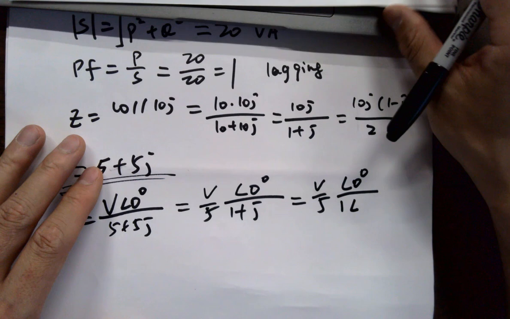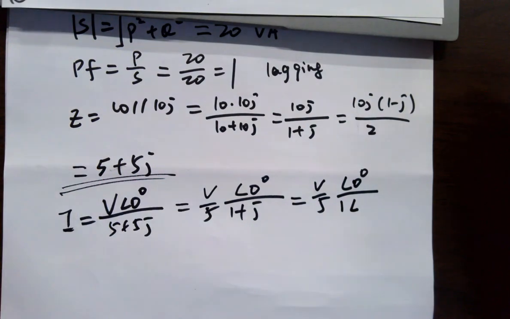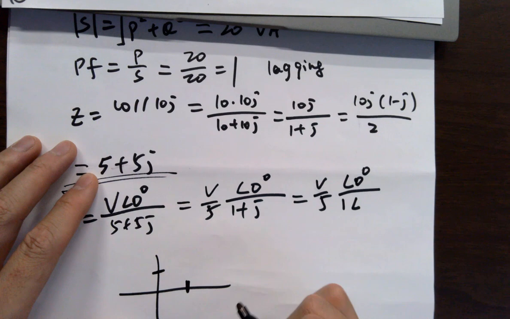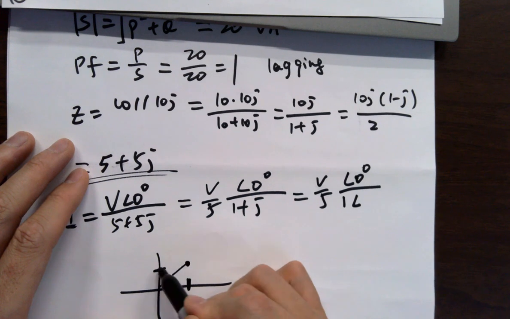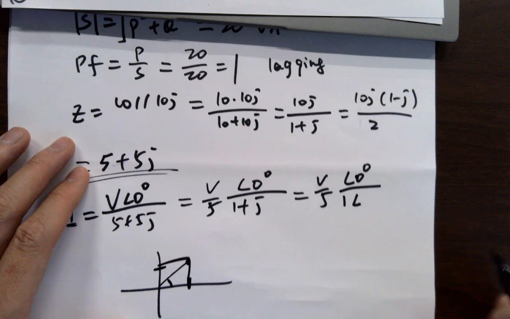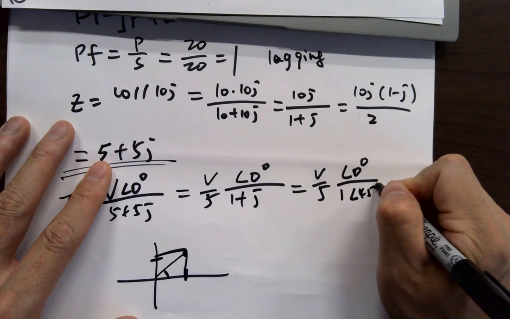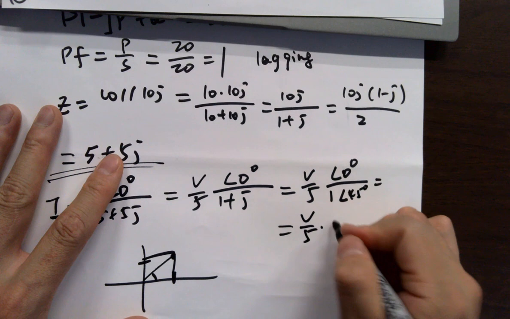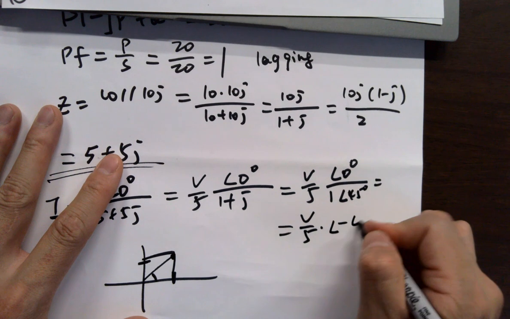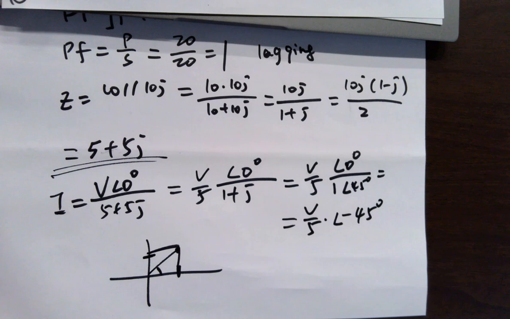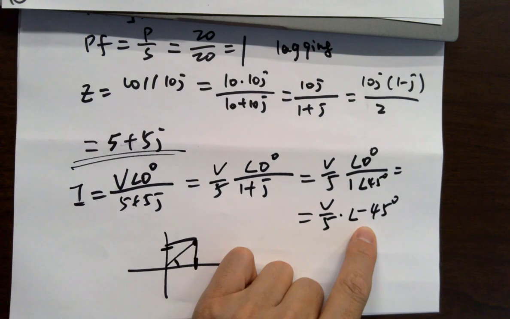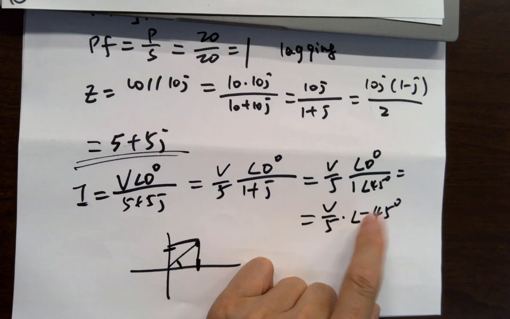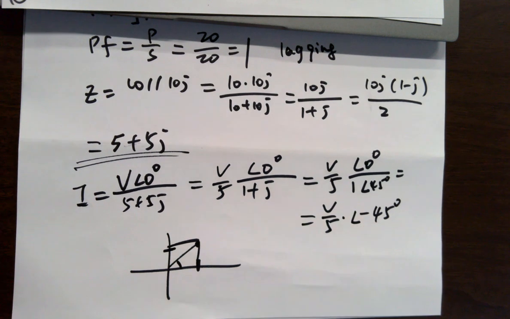What's the angle here? 1, 1. What's the angle? 45. So this becomes V over 5 at negative 45 degrees. The current is lagging. Okay? It's the lagging power factor.